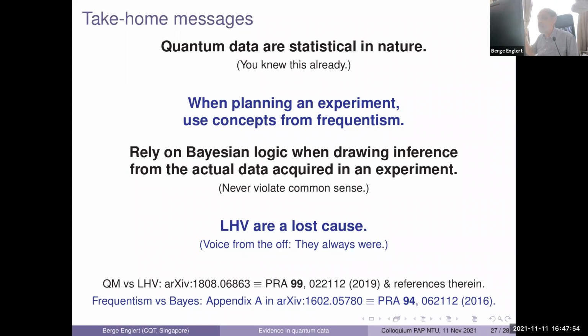However, once you have taken the data from the experiment, do rely on Bayesian logic when drawing inference from the actual data, because you cannot get any real statements if you use confidence intervals and p-values, okay? And of course, local hidden variables are a lost cause, so that's what these data tell us, and that's of course also not unexpected, right?